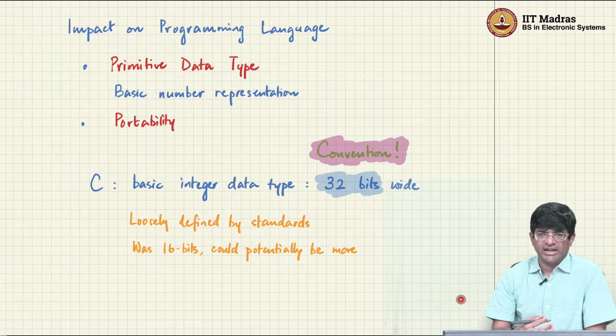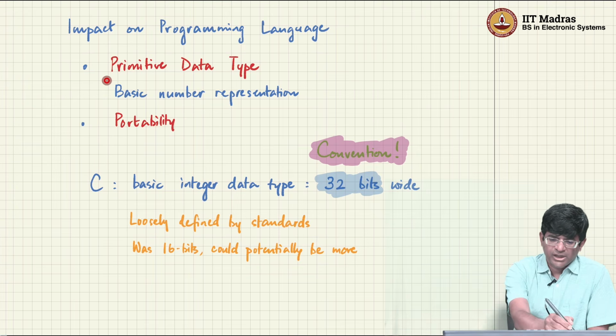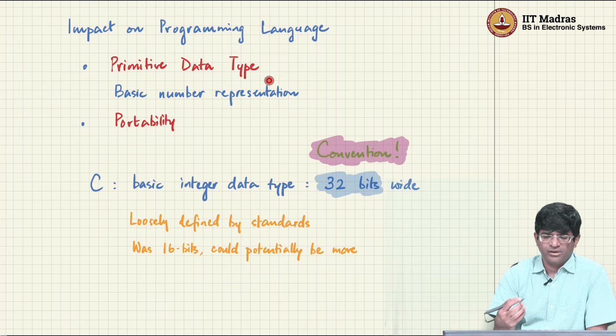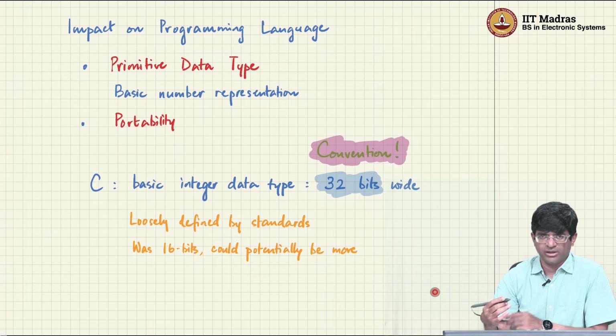all these discussions that we had, how do we represent numbers, how do we decide the number of bits and so on, they have a direct impact on the programming language, right? In particular, we need some kind of a primitive data type, some kind of a way of representing numbers, that is going to be portable, meaning that once I represent it in a particular system, if somebody goes and builds another new processor or a new computer, I don't want to have to change all my definitions from scratch.